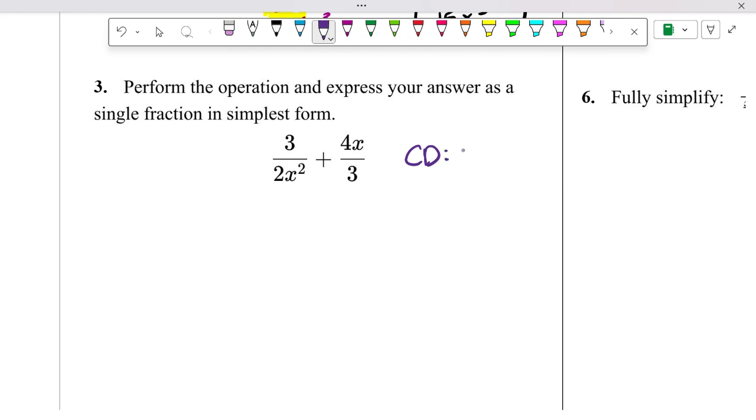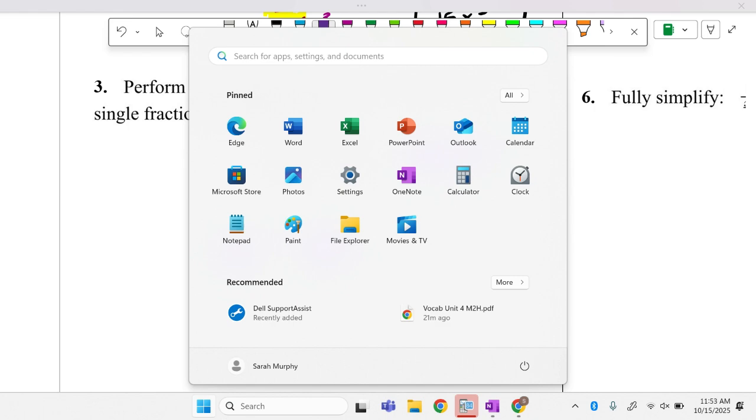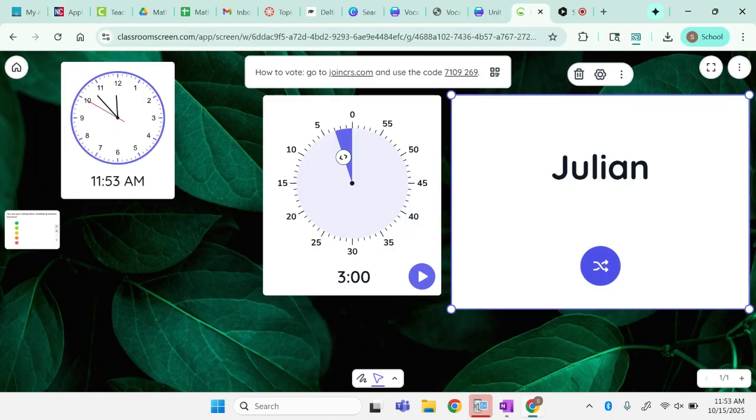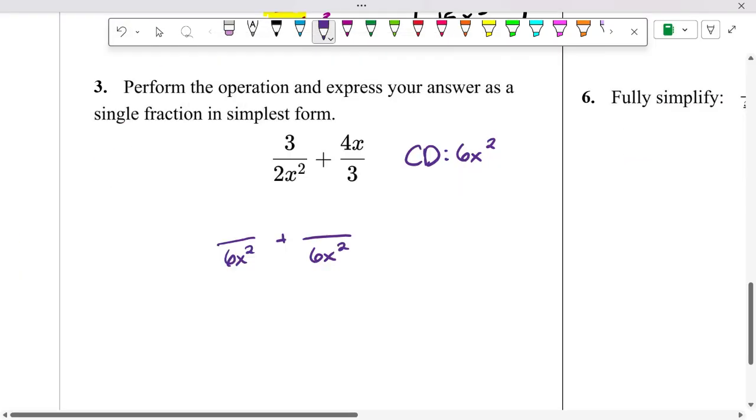Good. So 6x squared. So if I'm using 6x squared, let's go with Julian. So Julian, what do I need to multiply to the first fraction to get that denominator of 6x squared? 3. Good.